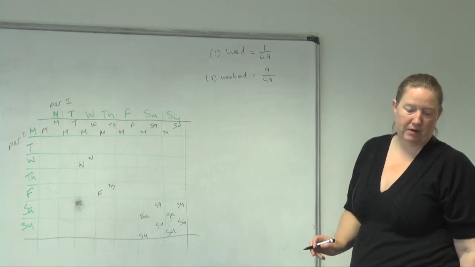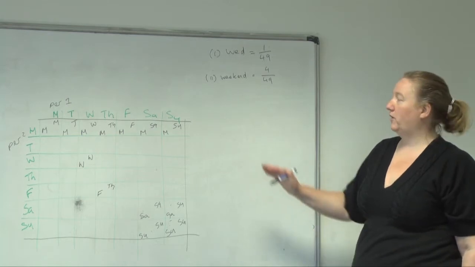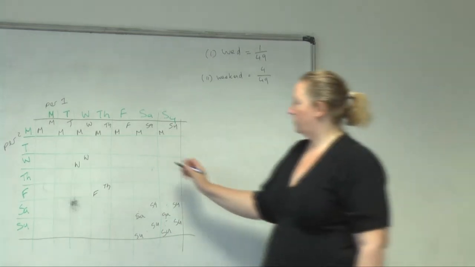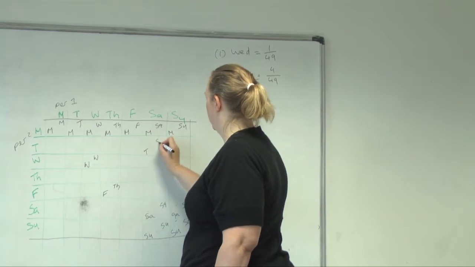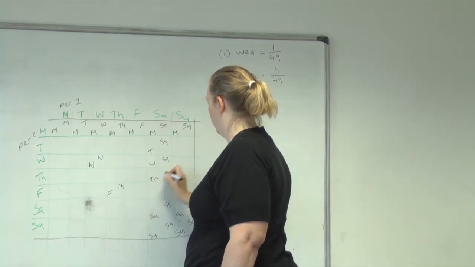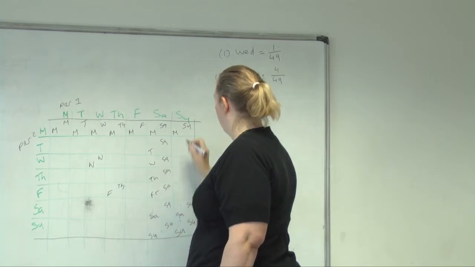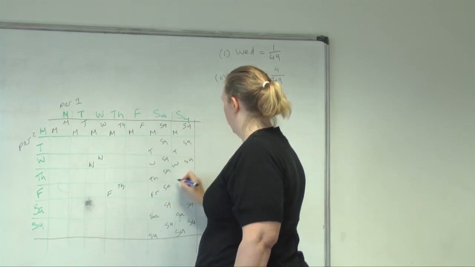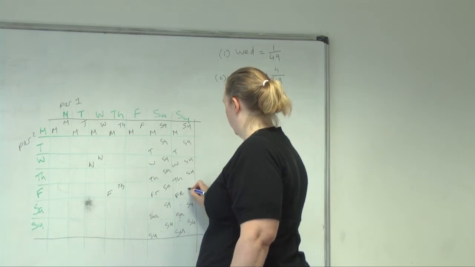Last question. Find the probability that at least one of them was born at the weekend. So here you want all of your weekend squares for both the people. So that's for person 1. Tuesday, Sunday, Wednesday, Sunday, your Thursday, Sunday, and your Friday, Sunday.